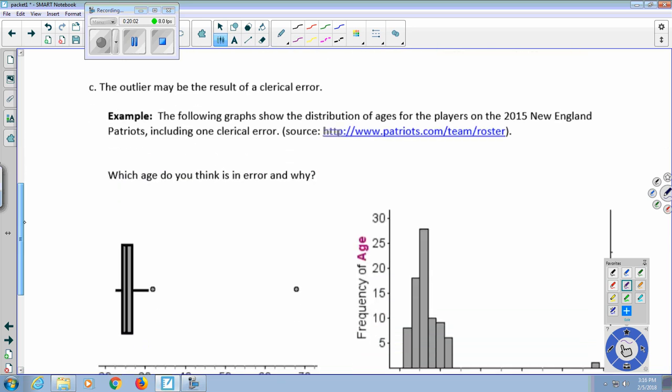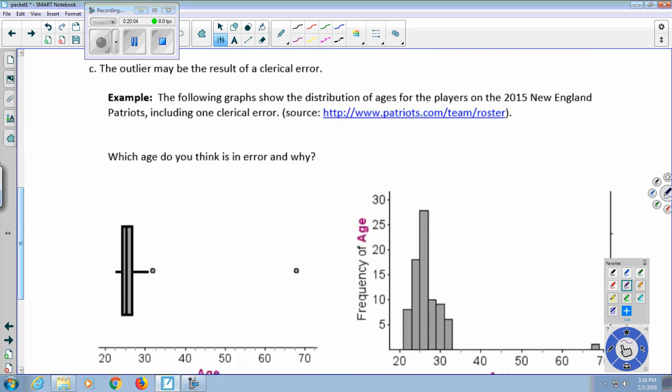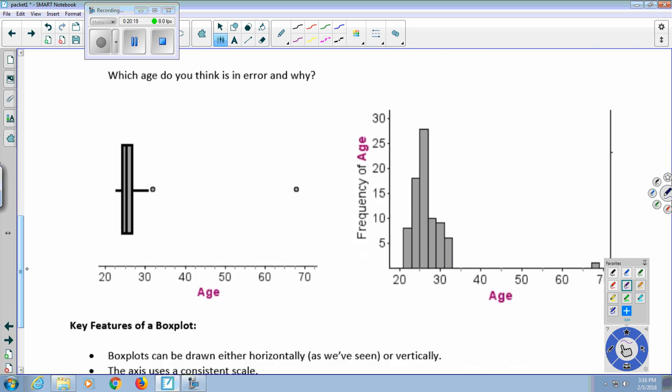Okay, another scenario is the outlier might be a result of a clerical error. This sounds a little concerning, but it's definitely possible. If you were to see this graph of New England Patriots ages, and we see this one outlier out here, age 70, that's probably not right.